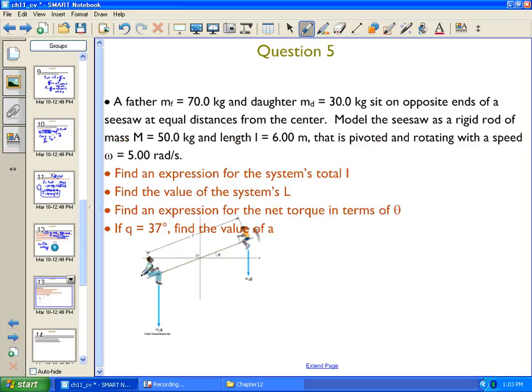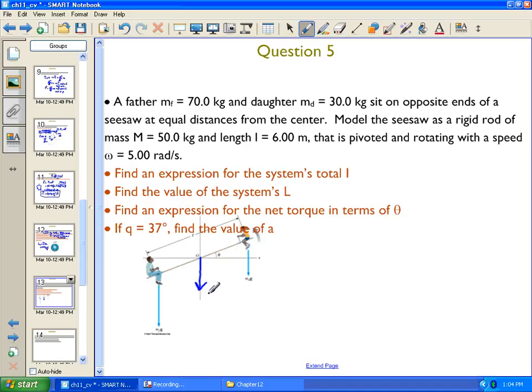Okay, last problem in this part, part 1. A father and a daughter sit on opposite ends of a seesaw. Model the seesaw as a rigid rod which has a mass of 50 kilograms and a length of 6 meters. And we're going to say it's uniform so that its weight happens to be at its center of gravity.